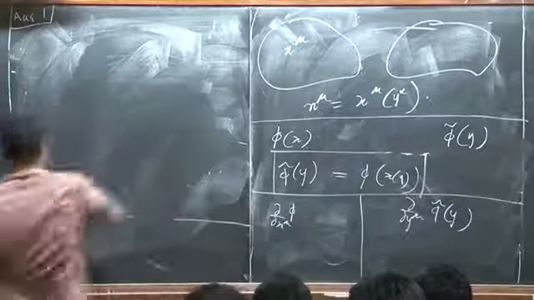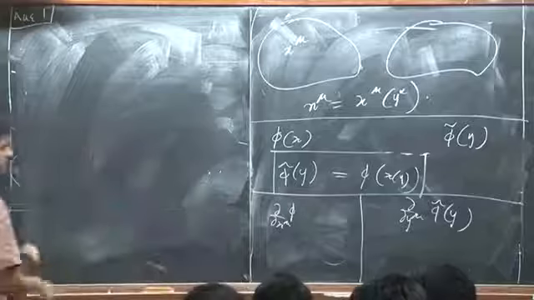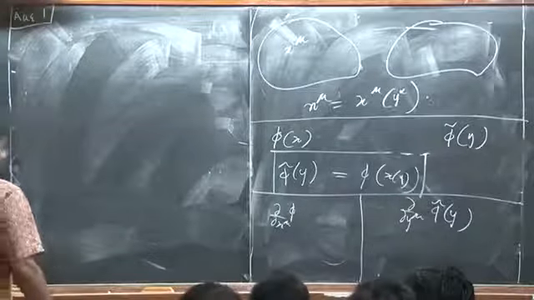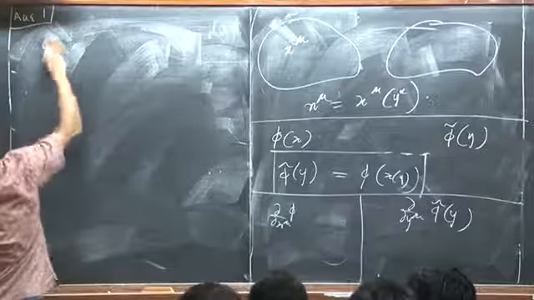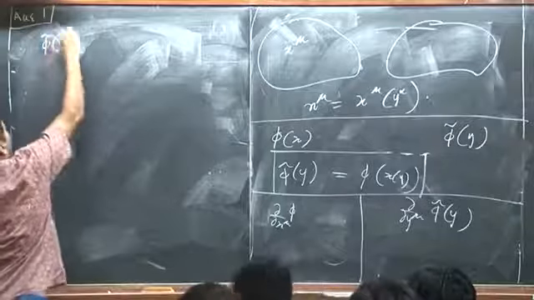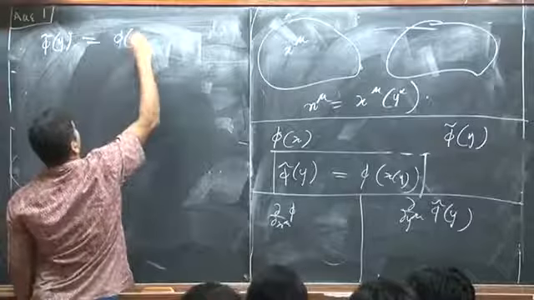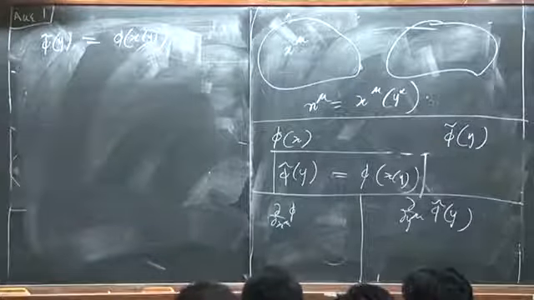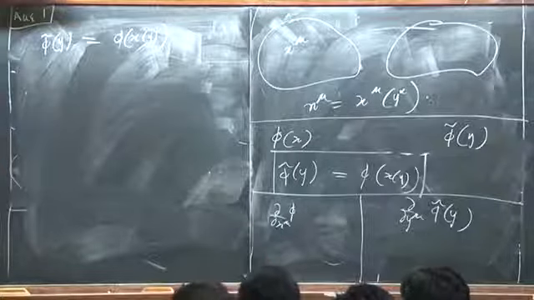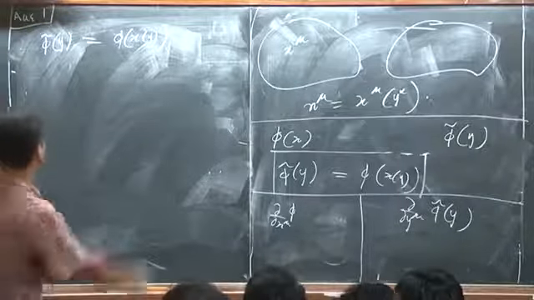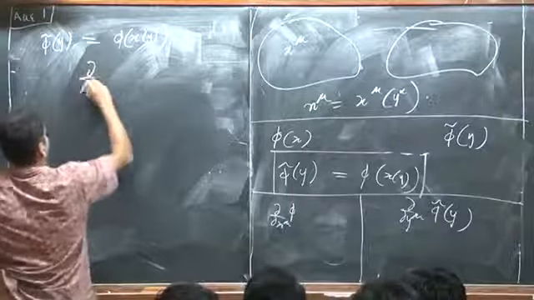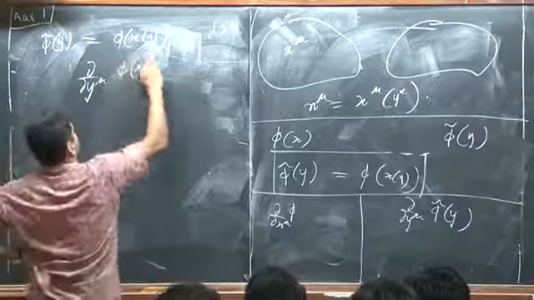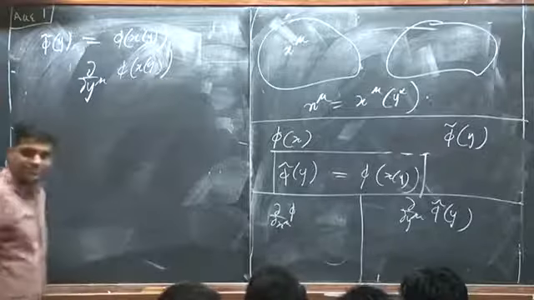So you can say, look, I know that phi tilde of y was equal to phi of x of y. Okay? Then take del by del y of phi of x of y. Well, what is that?